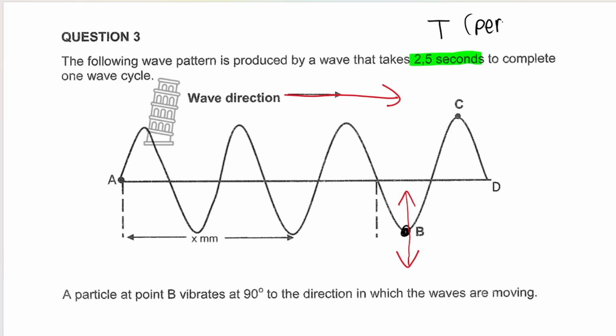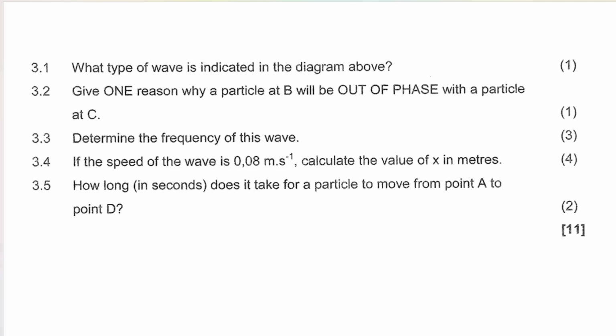Period is represented by the symbol T. You need to study your theory. And the theory says that period, the definition of period, is the time taken for one complete wave cycle or for one complete wave pulse to pass a given point. So this 2.5 seconds is period, and that makes sense because period is measured in seconds. So we know period.